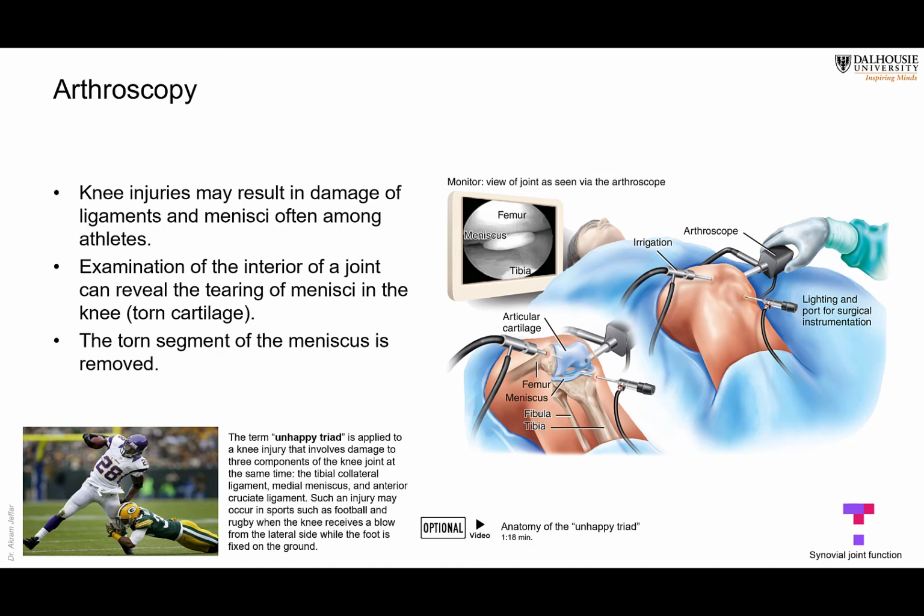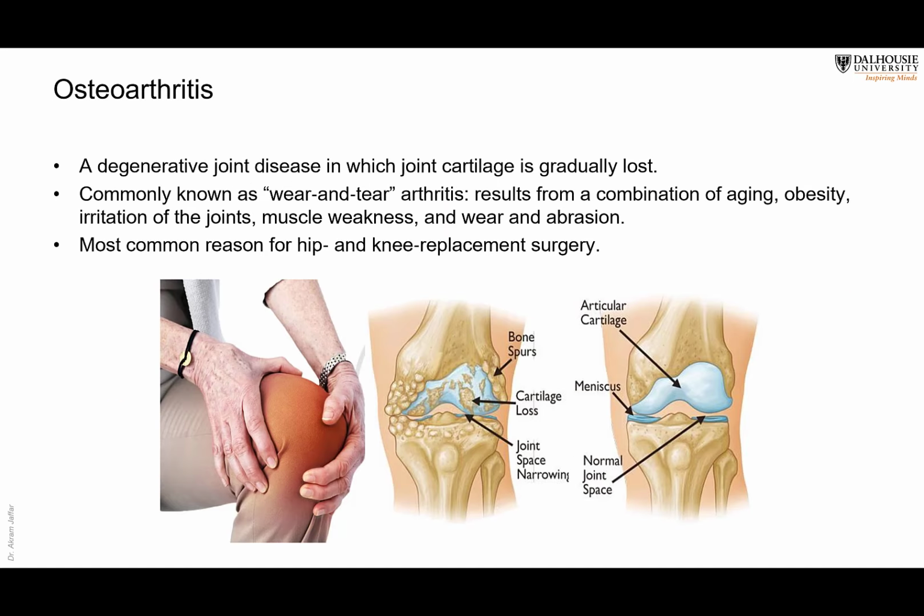So they remove the torn meniscus if the problem is with the meniscus. But if the problem is with the ligament, especially the anterior cruciate ligament, then it should be surgically treated.